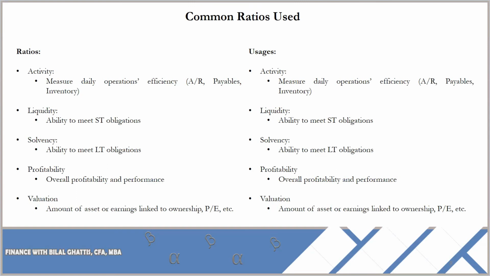Solvency, which is the ability to meet my long-term obligations. So I'm not talking about less than a year, I'm talking about more than a year, I'm talking about a structure itself. Profitability, what are my profitability margins, what are the ratios that are used, and what do they show me, and how do I analyze them.